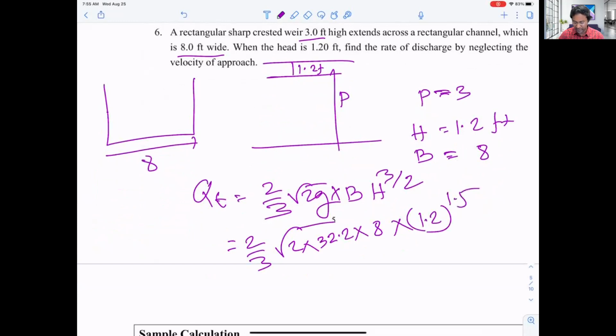If I just quickly calculate, we'll have root over 2 into 32.2, and then 8 multiplied by 2 divided by 3, and then another one, 1.2 to the power 1.5. So here we get 56.26 cubic feet per second. That will be the flow rate if we have this condition. So this is how we can solve any mathematical equation.